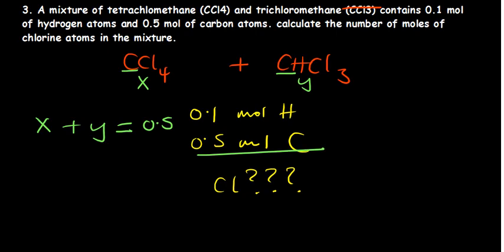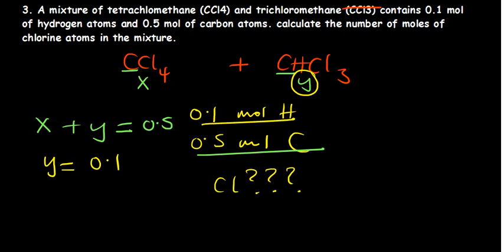The other relation we can come up with is on the hydrogen part. We only have hydrogen on one side, the side where we've got a y. So y is equal to 0.1 for the hydrogen.